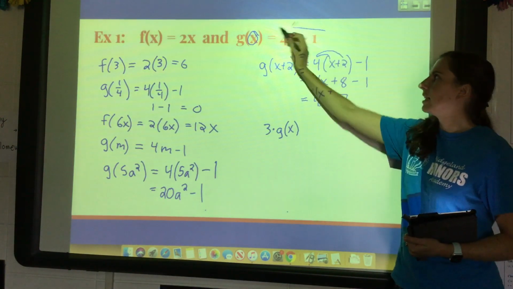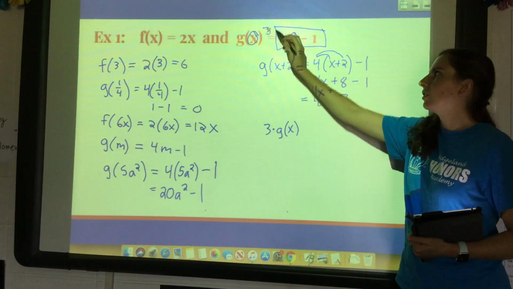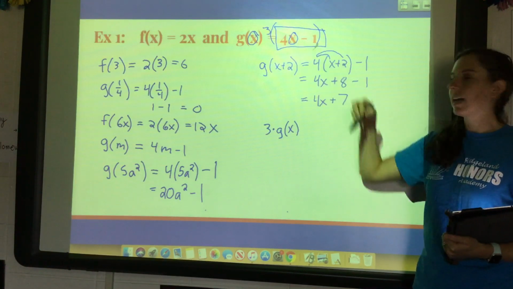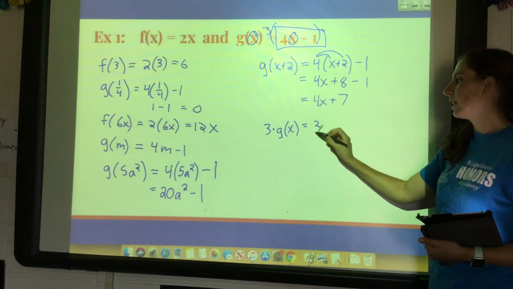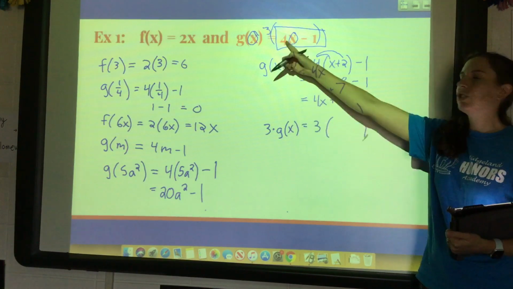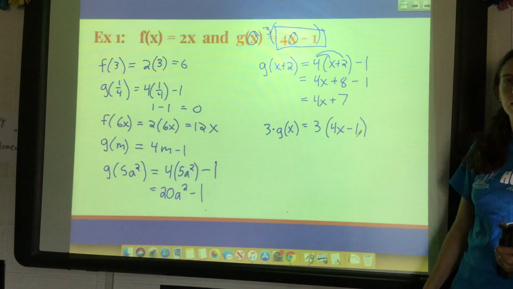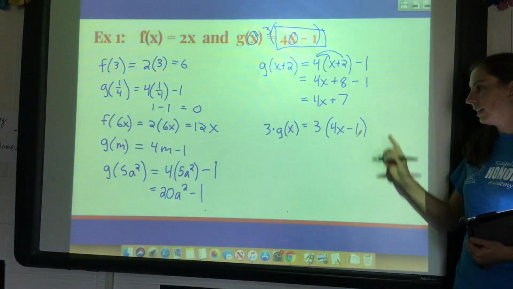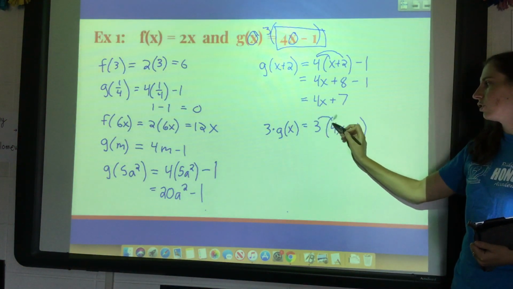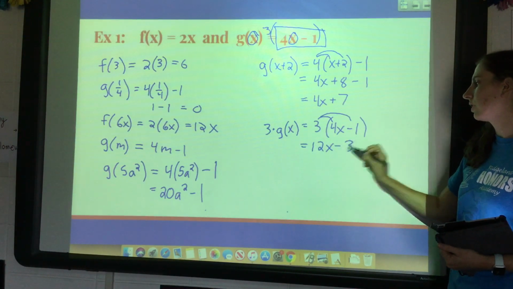Basically, I'm going to take this entire thing and put a 3 in front, and you'll need parentheses to keep this all together. So basically, it's 3 times g of x, and there's g of x. Again, need to simplify, so distribute that 3 and we're done. 12x minus 3.